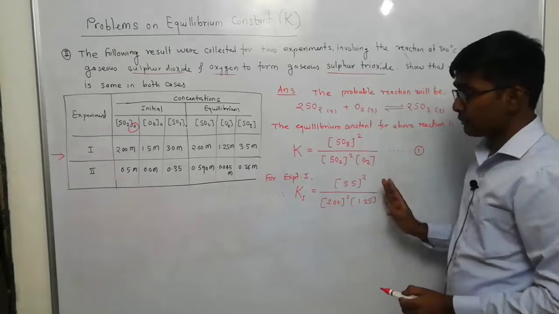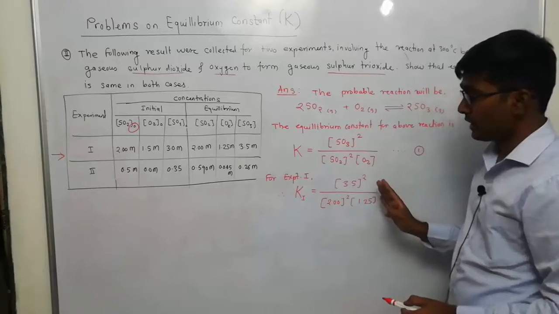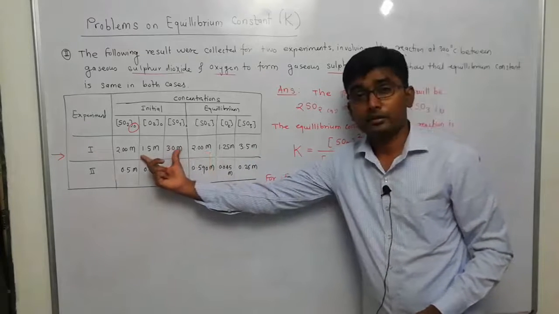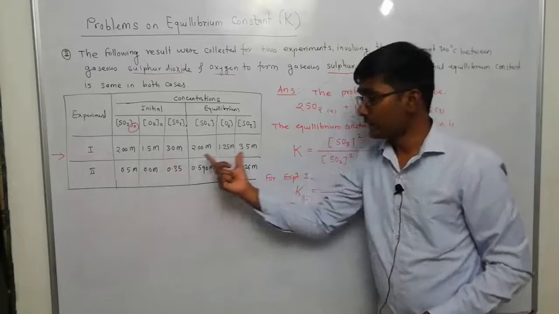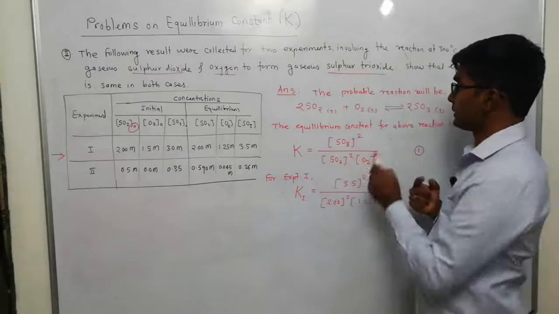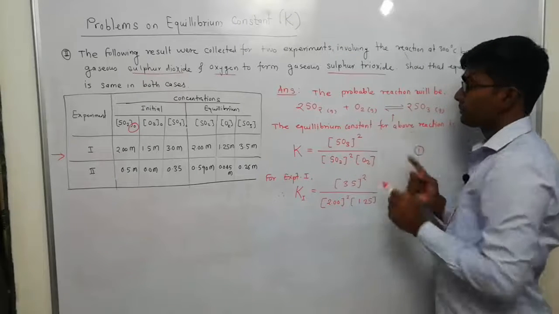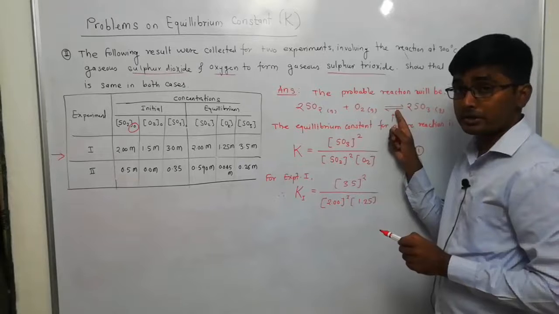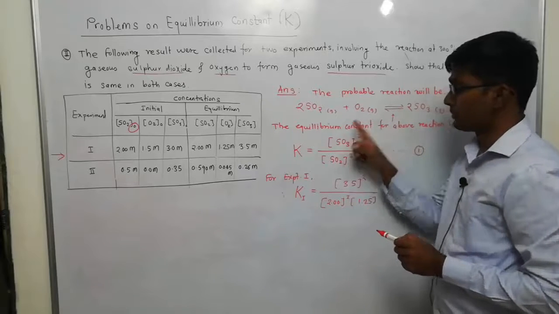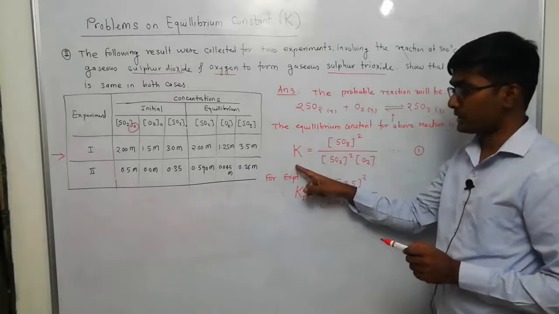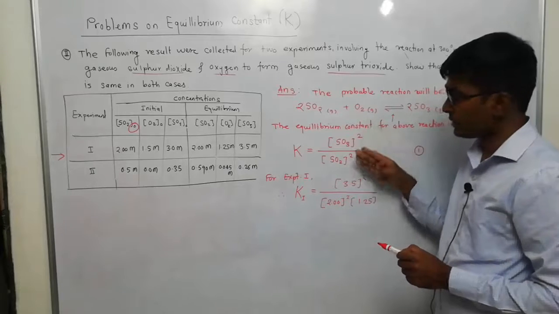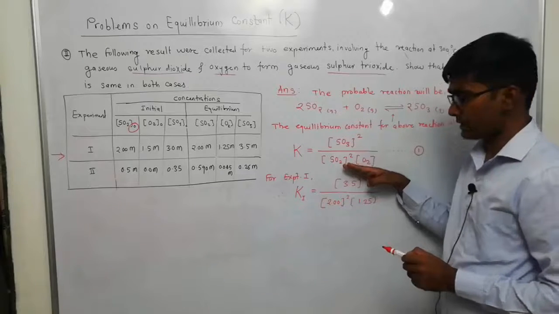Now a student may ask why I have taken this value and not that value. The reason is that this is our equilibrium reaction. For this equilibrium reaction, the equilibrium constant Kc is equal to the concentration of products divided by the concentration of reactants.